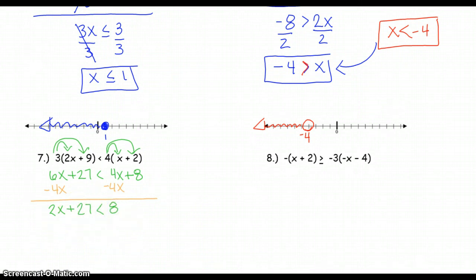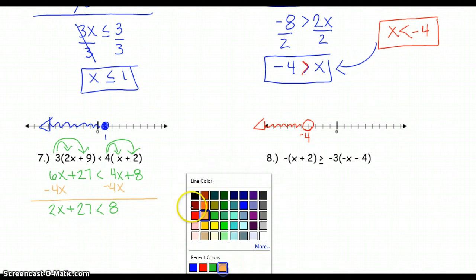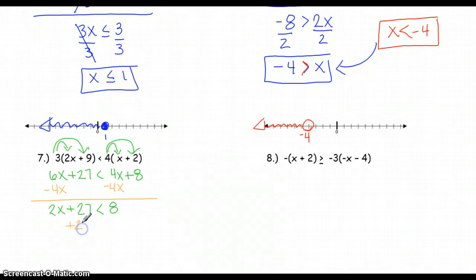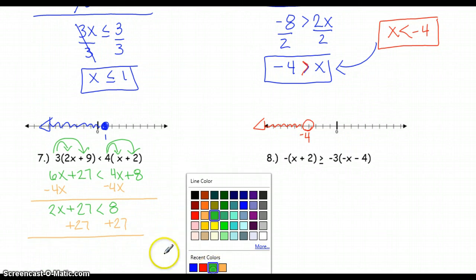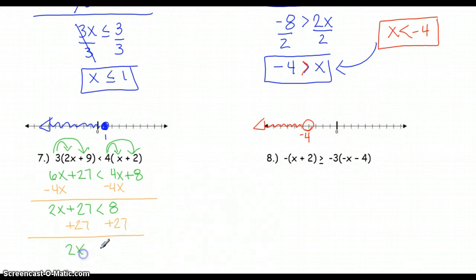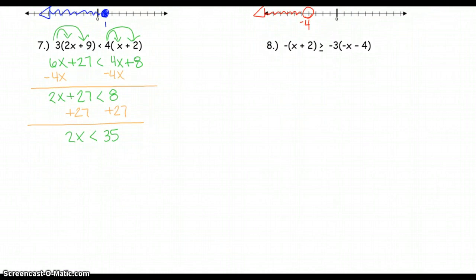Now to get x by itself, we're going to add 27 to both sides. And when we do that, we are left with 2x, which is less than 8 plus 27 is 35. Right, so I'm going to go ahead and scroll down.